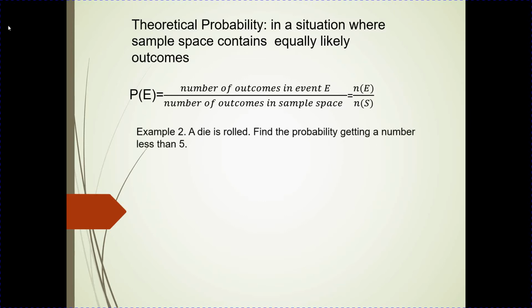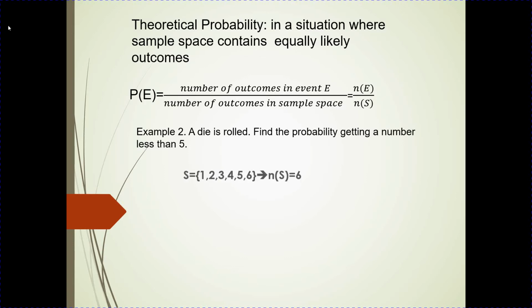Example: a die is rolled. Find the probability of getting a number less than 5. As we know, when the die is rolled, there are six possibilities. You can get the number 1 or 2 or 3 or 4 or 5 or 6, and each of them has an equal chance to occur.